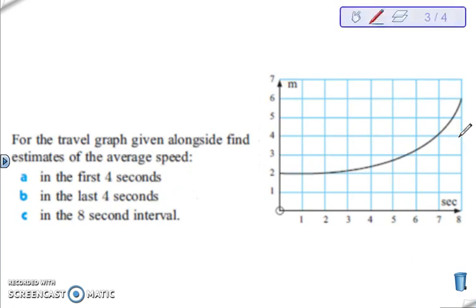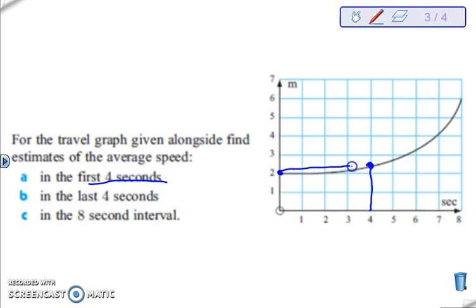So again, I'm going to do part A. I will leave parts B and C for you. This says to find the average speed across the first 4 seconds. Well, I'm starting counting at 0. If I stop counting at 4 seconds, that would be about here.